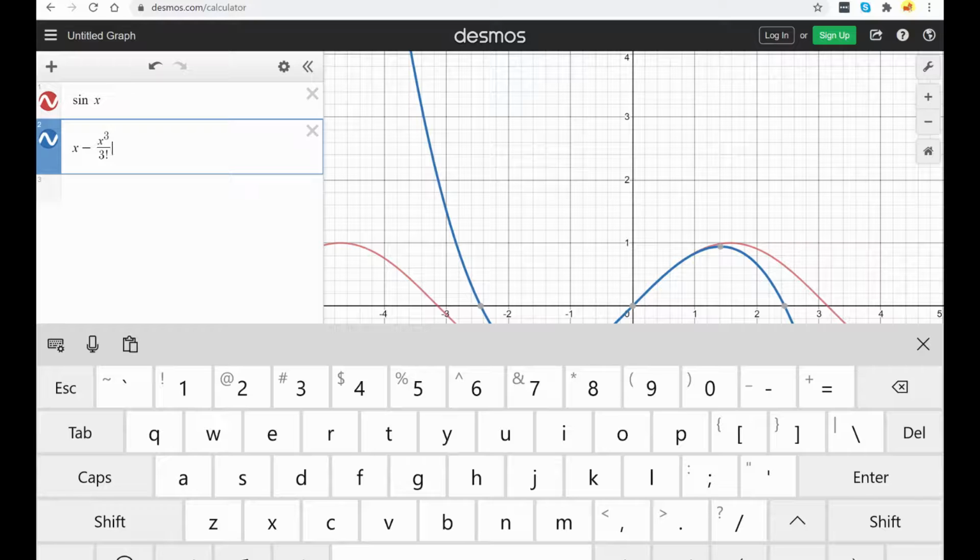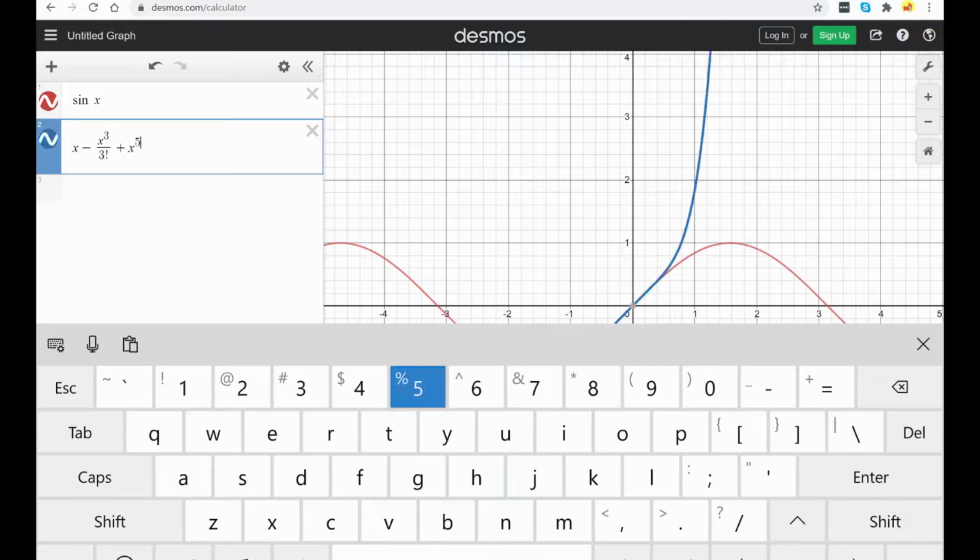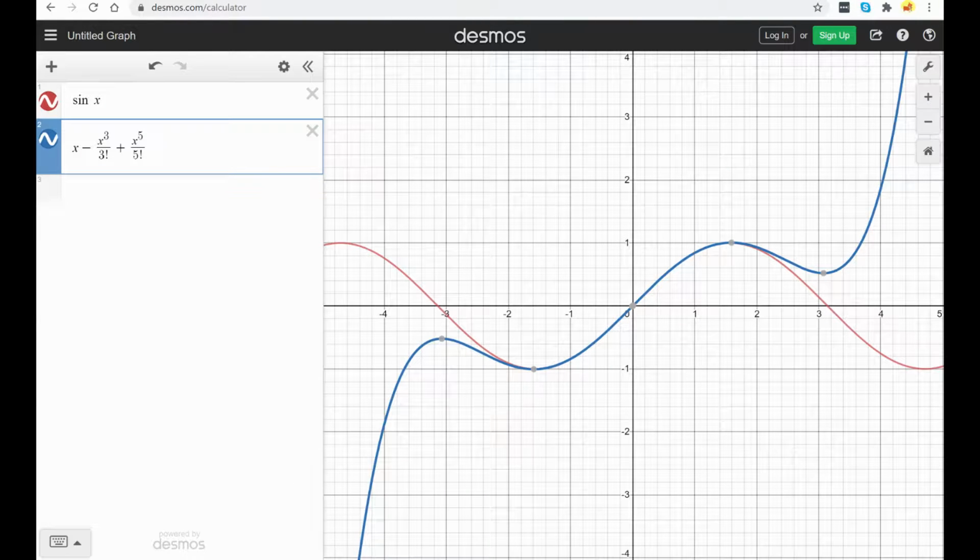What if we were to increase this with the third term, which is x to the power of 5 over 5 factorial? Again, you see that the graph has changed, the blue one, and now more of the red and the blue curves are intersecting. So you can see that with 3 terms is an even better approximation.